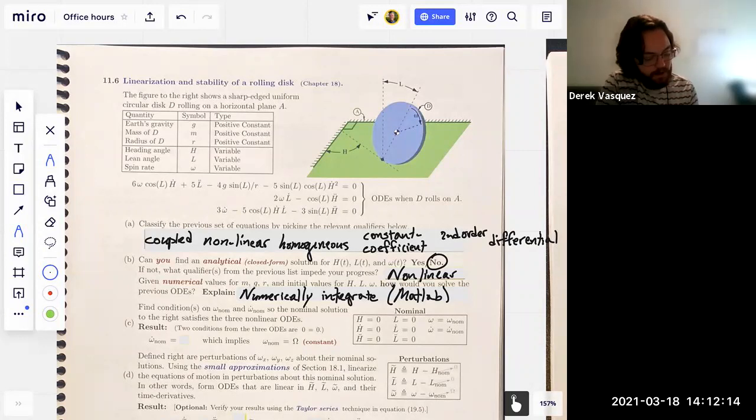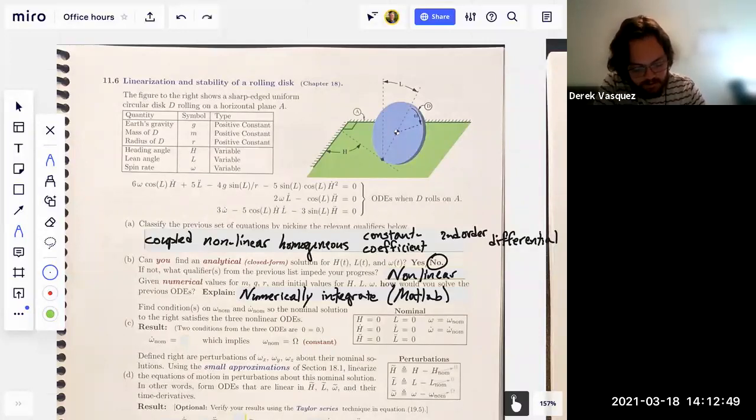So now we want to find conditions on omega nominal and omega dot nominal. So the nominal solution to the right satisfies the three nonlinear ODEs. And so if all of our H and H dots and our L's and L dots are 0, we have to find values of omega and omega dot that satisfy our equations. So that means this term is 0, that's 0.